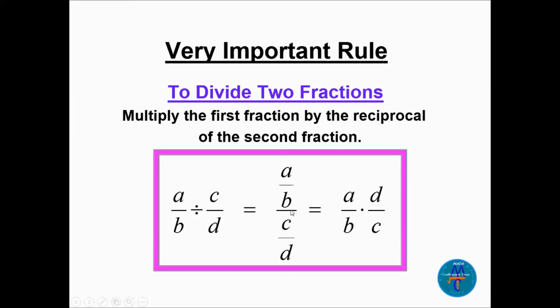How do you simplify that? Leave the first fraction, a over b, and then we change this division into multiplication, and we multiply by the reciprocal of this. So c over d becomes d over c. We call this reciprocal. Clear? So if you divide two fractions, multiply the first by the reciprocal of the second fraction. Let's see and apply it.